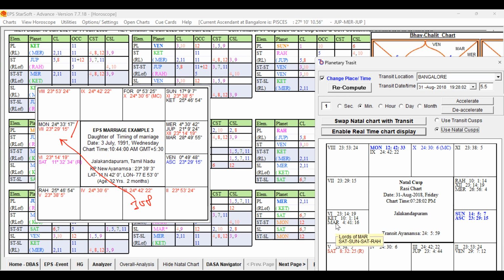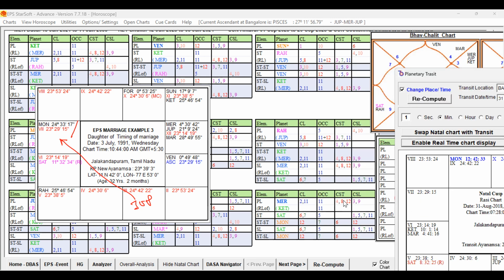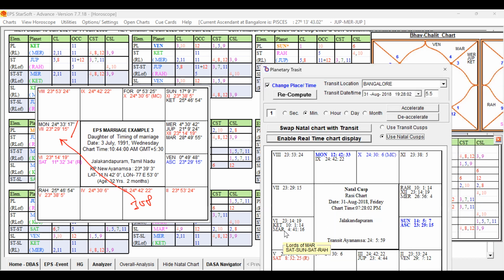And that Mars is aspected by Mercury. Mercury is our favorable key planet, right? 2, 11, 11, 3, 9. So it means that Mars is aspected by Mercury in the natal chart, in the transit, and Mars is conjoined with Saturn. Mars transit, Mars is in the sign of Saturn and conjoined with the natal Saturn.